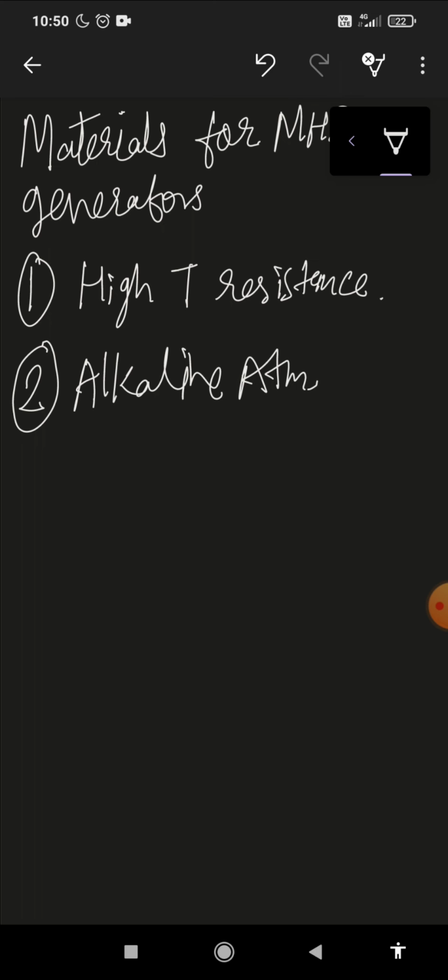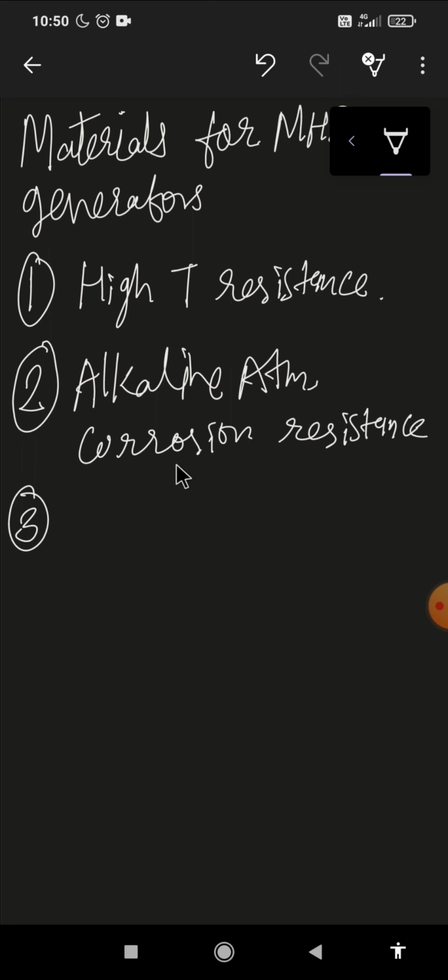So the important factors to be considered for the selection of materials are: first, as we have seen, high temperature resistance; second, alkaline atmosphere, therefore corrosion resistance; third, electrical conductivity, that it should be conductive.